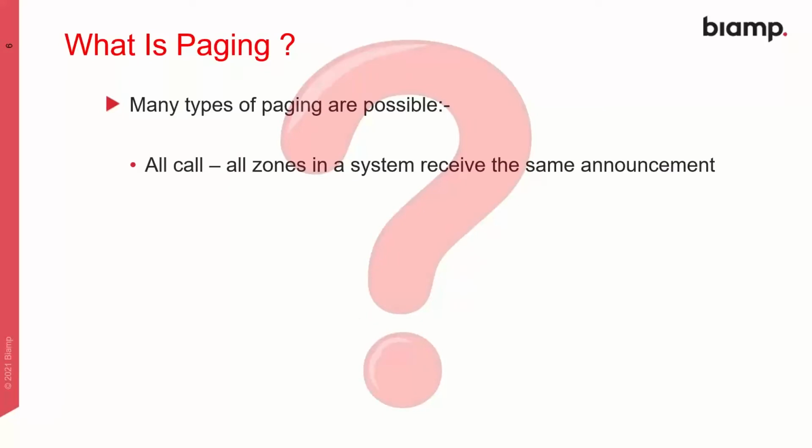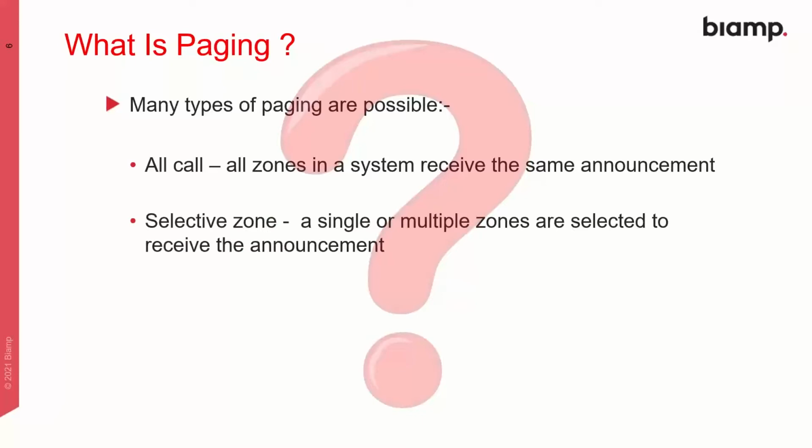So the other thing to bear in mind is that there are many types of different paging systems available. So an all-call system, which is where the voice that you are projecting into a microphone is going to be broadcast into all of the zones in a system at the same time. So that's an all-call system. You can, however, choose which zones of the system you want the voice to be broadcast into.